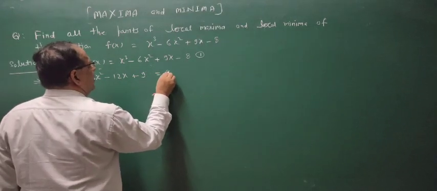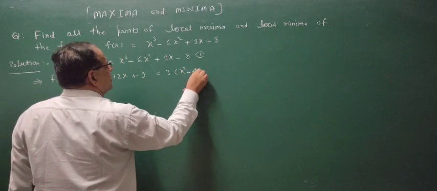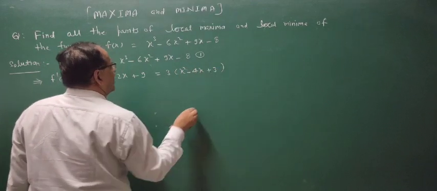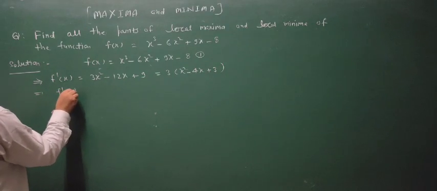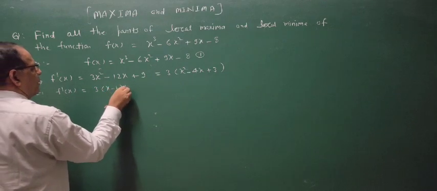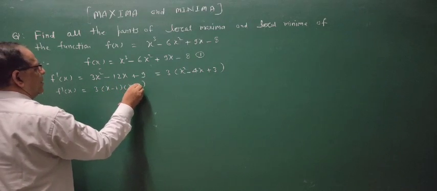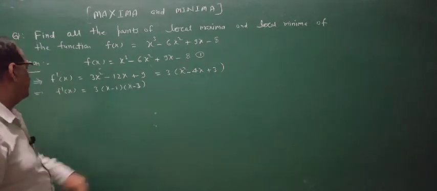Take 3 common here: x square minus 4x plus 3. f dash x equal to 3 times x minus 1 times x minus 3. This is the factorization of the polynomial x square minus 4x plus 3.